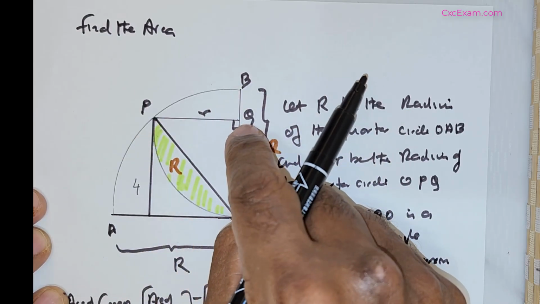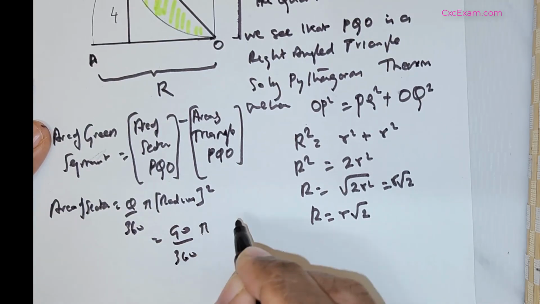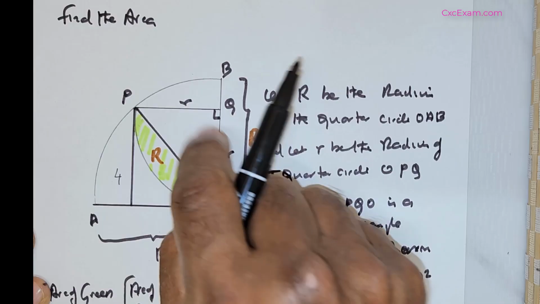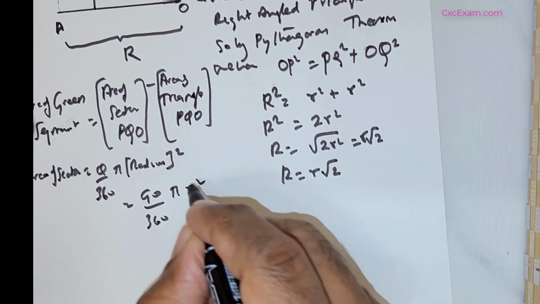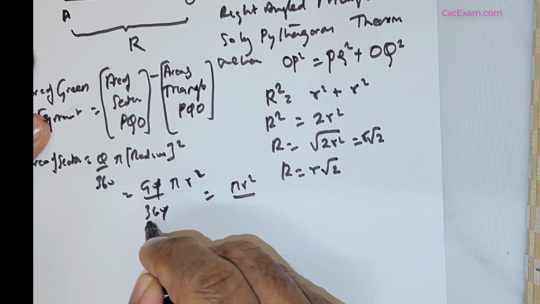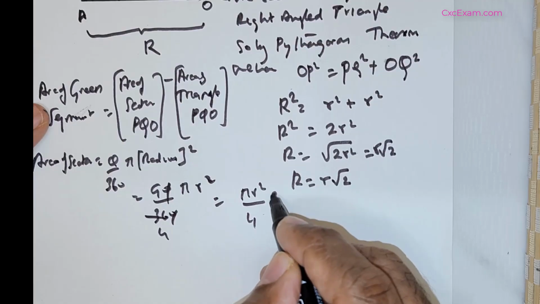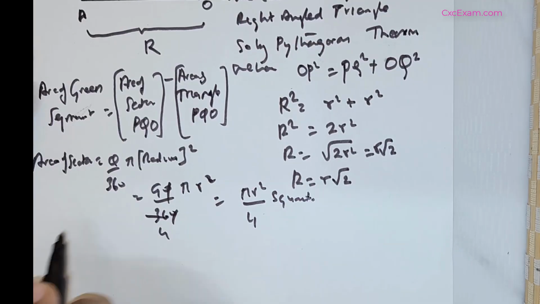This arc is subtending an angle of 90 degrees. So 90 over 360. And what is the radius here? r. So it's going to be r squared. So this is going to be pi r squared, 90 over 360 divides 4 times. So you have 4 there, square units. So this is the sector area.